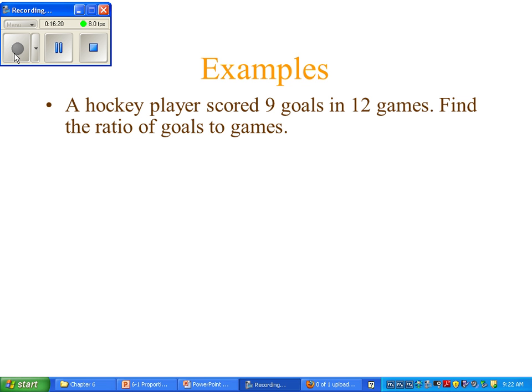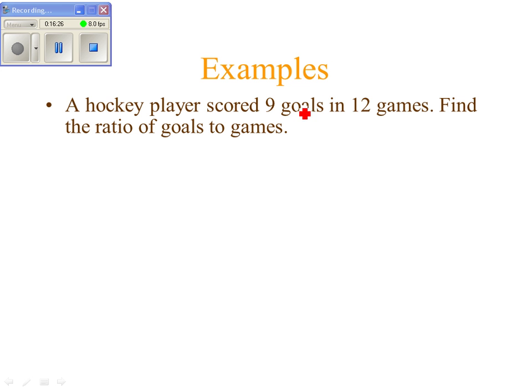Probably not realistic as far as the goals go. 9 goals in 12 games? If it said, not for a professional. Yeah, it is. If it said, a good hockey game is like 2 to 3. If it said points, maybe. No, there's a difference. There's various points in hockey. Players get like 81 points or something. Right, and that's what I'm saying.